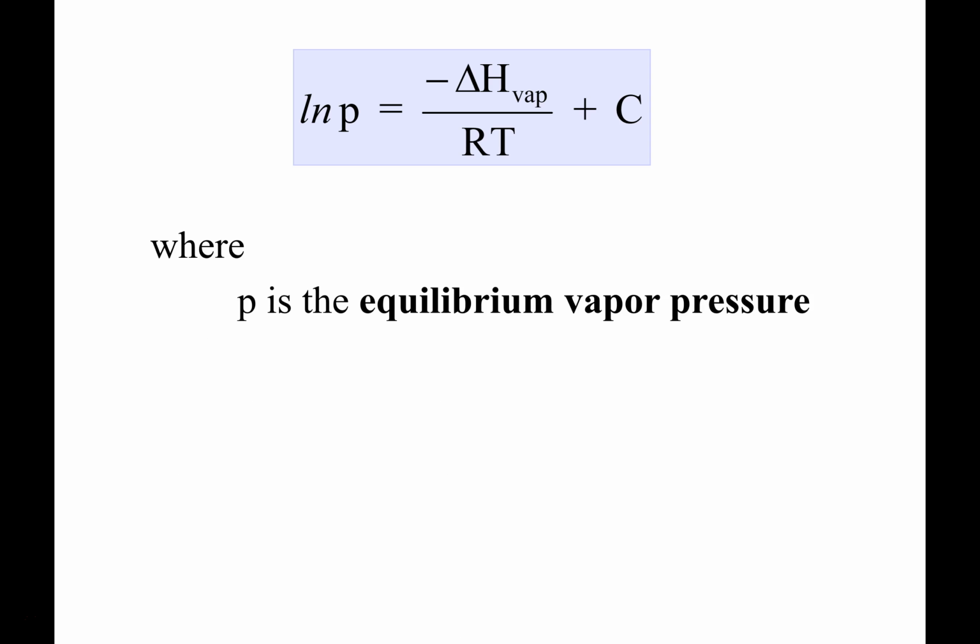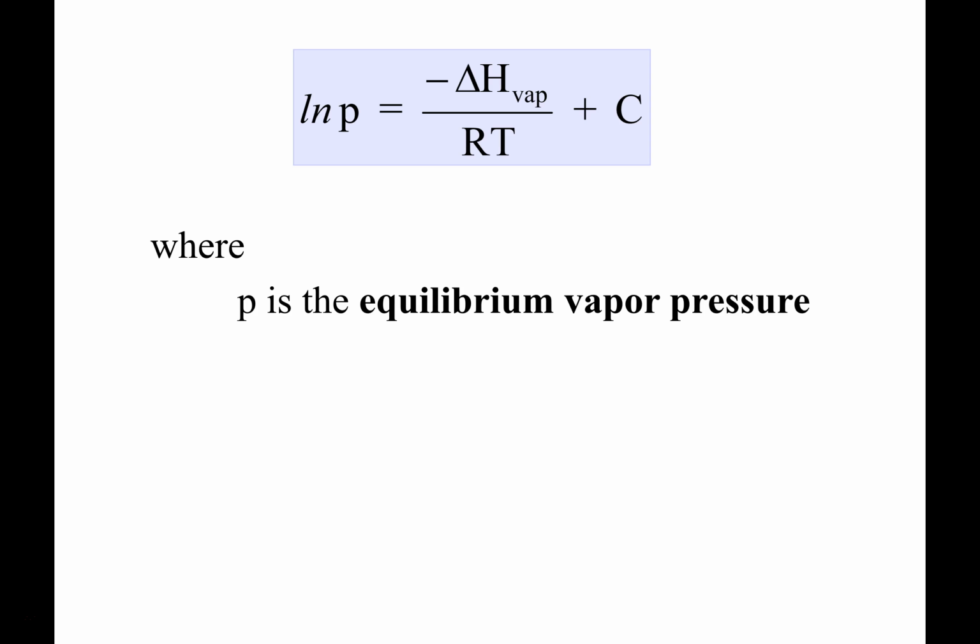So picking it apart, there on the left, what's ln? Natural log, exactly. We have the natural log of the equilibrium vapor pressure. The natural log of the vapor pressure is equal to negative heat of vaporization, that's got to be a constant, divided by R, also a constant. And what we're going to do is take that same liquid and submit it to different temperatures.